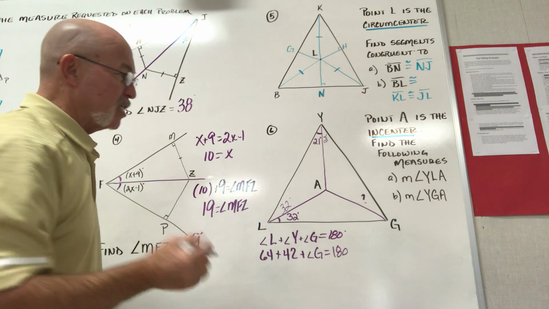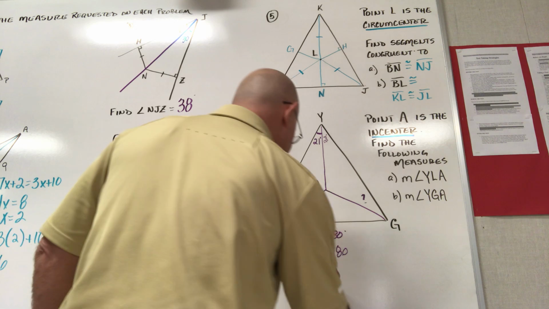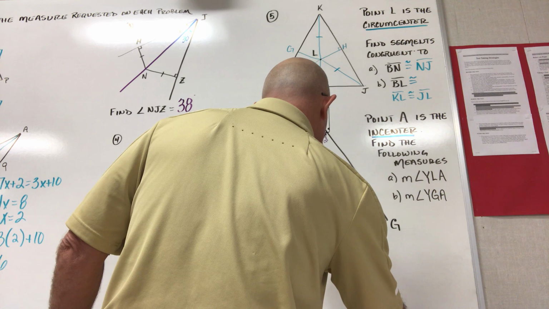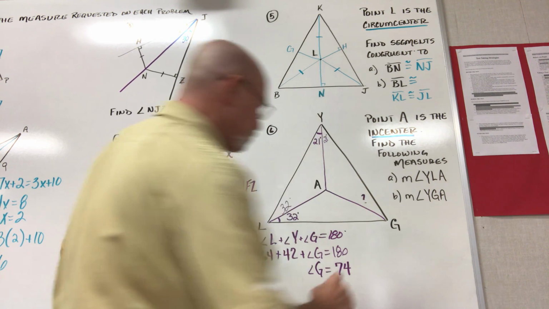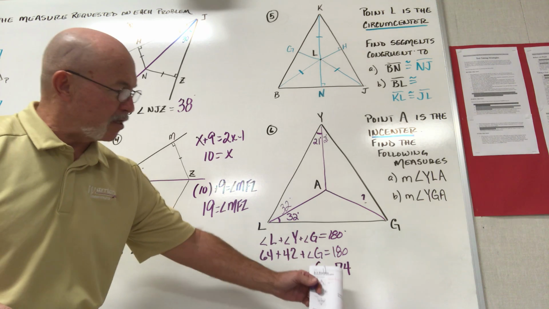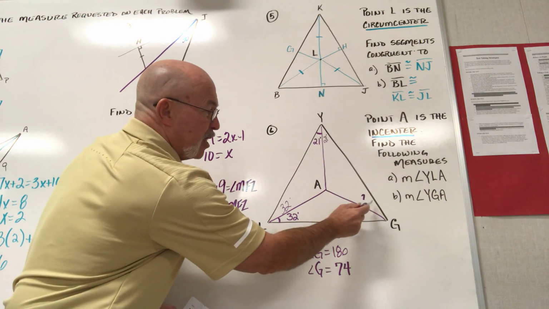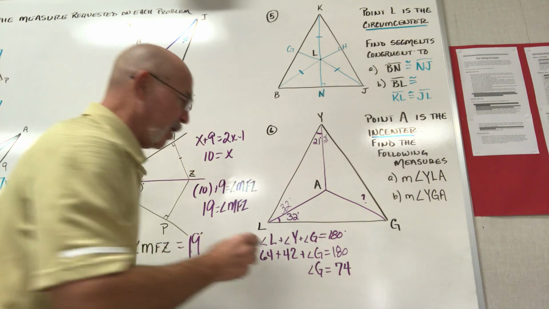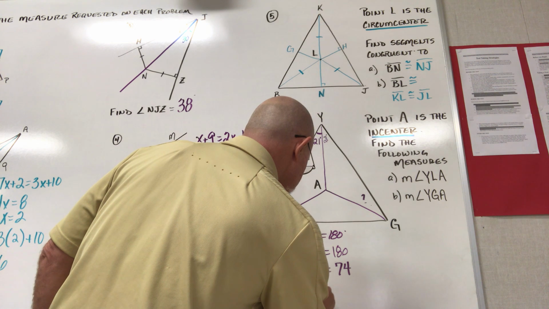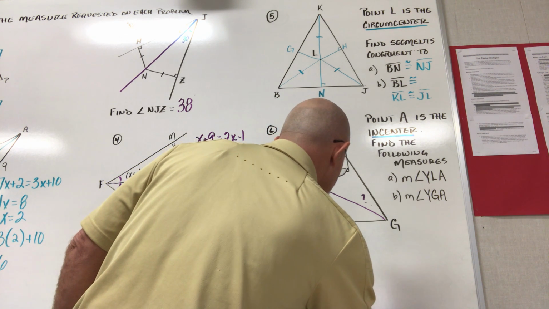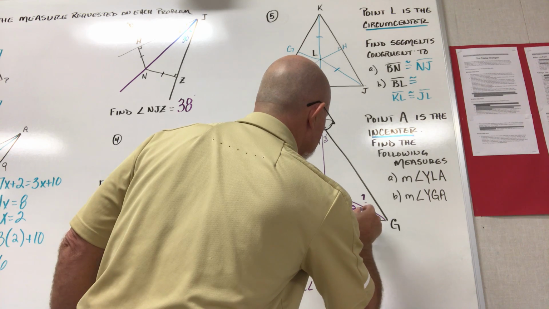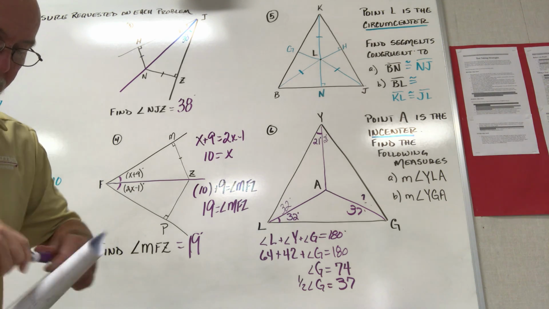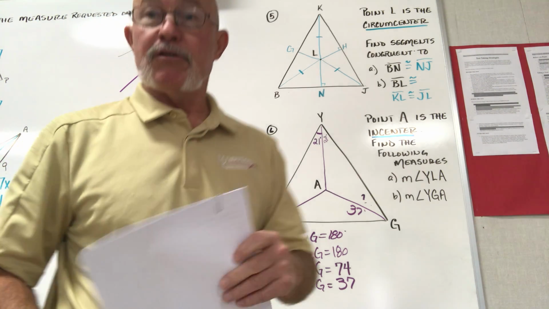That's going to tell me what all of angle G is. So that's 106 subtracted from 180 is 74. Now this, because the angle was bisected, is half of angle G. So each of those is 37 degrees. Okay, so that's how you solve those.